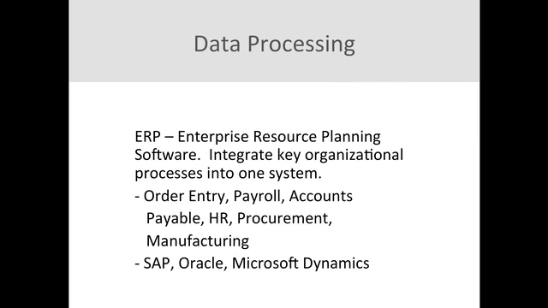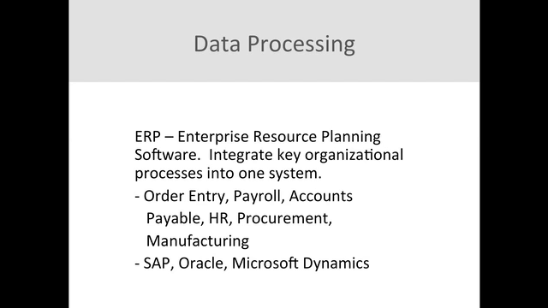Another data processing system example is an ERP, or Enterprise Resource Planning Software System. They integrate key organizational processes into one system, and this is basically taking what at one time would have probably been multiple individual systems from different vendors for different departments and combining them into one large enterprise system.